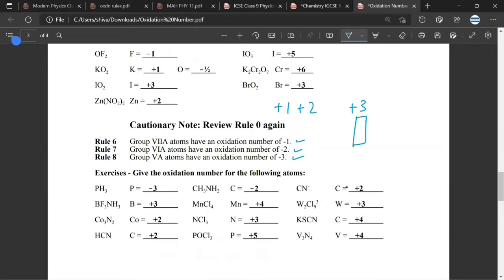Then finally when we come to the noble gases, of course their oxidation number would be 0. But from this side, halogens -1, this would be -2, and this would be -3. Is it making sense, Chris? Yes. These are 7A elements, these are 6A elements, these are 5A elements. Chris, are we clear?